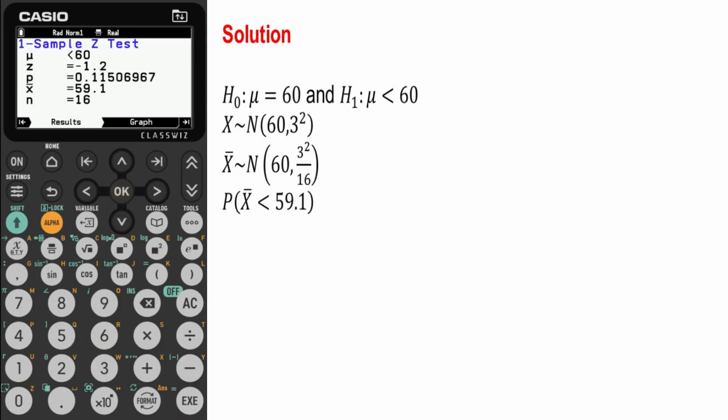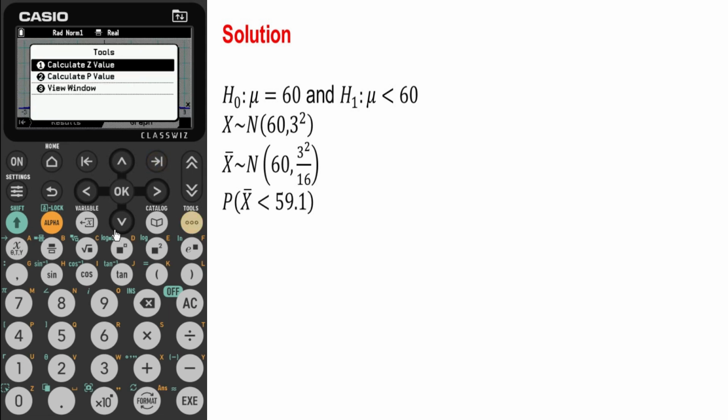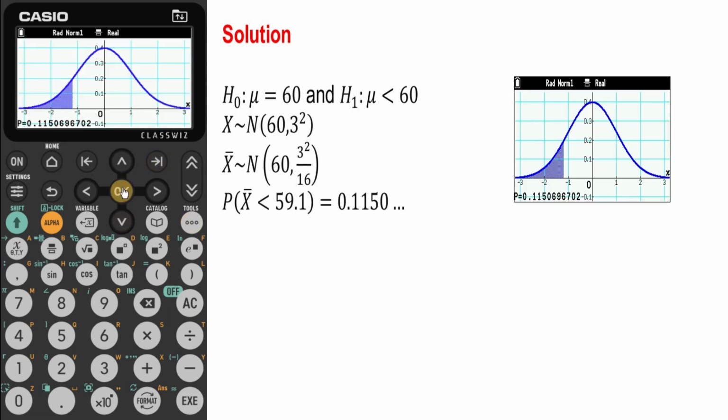Executing, we see that the probability that x bar is less than 59.1 is equal to 0.1150, etc. So if we graph this and press tools and the second option to calculate the p-value, we see that p is equal to 0.1150, etc. If we compare this to the 5%, we see that 0.1150, etc. is greater than 5%.